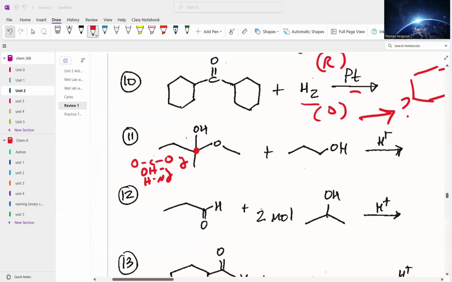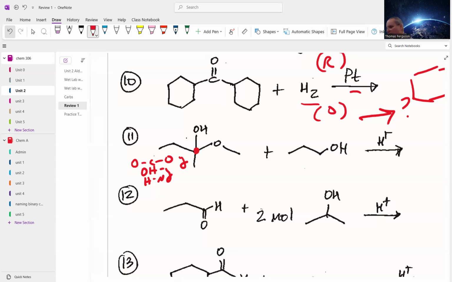And if OH is present, it's a hemiketal. And the carbon is the anomeric carbon. That means everything revolves around that anomeric carbon. Okay, and you don't have to name acetals and ketals. You just have to say it's an acetal or ketal or whatever.